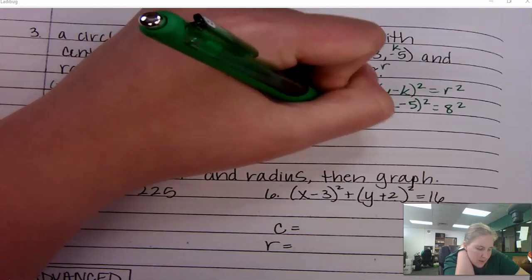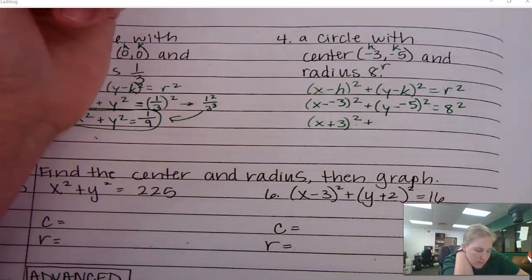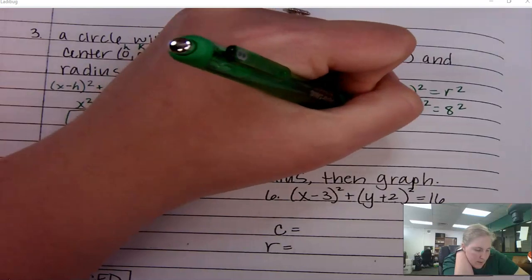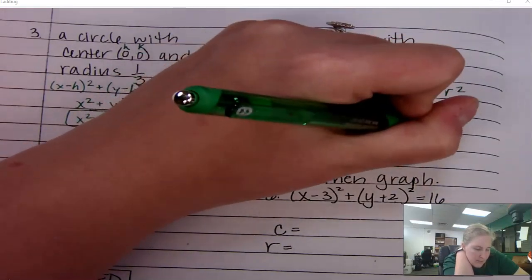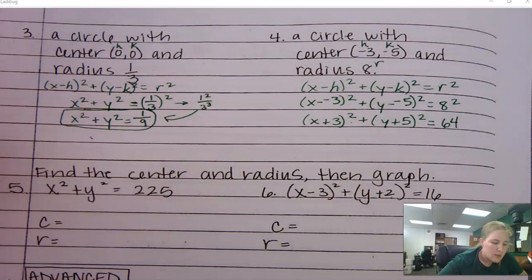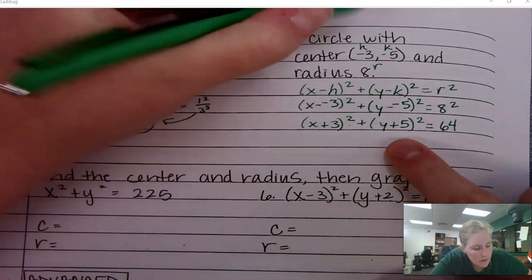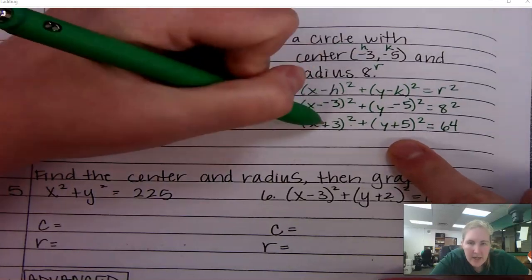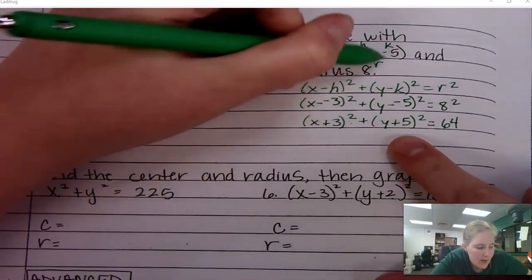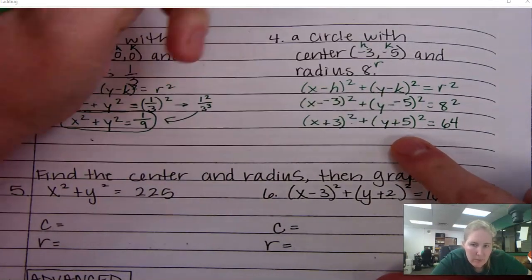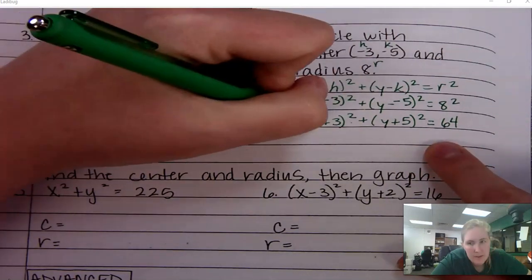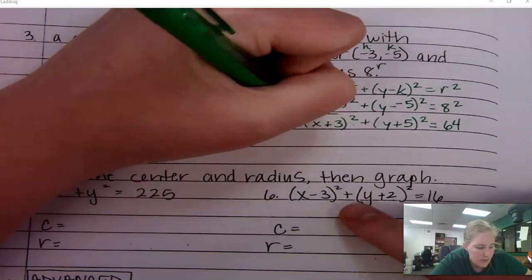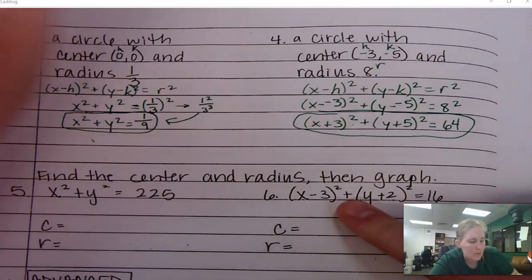So X plus 3 squared, and then Y plus 5 squared equals 64, which is 8 times 8. So notice what happened here. This H, you have to change the sign when you put it in the formula. The 5, you also have to change the sign when you put it in the formula. That happens every time. If it's negative, it becomes positive. If it's positive, it becomes negative. Okay? That's important to remember that.